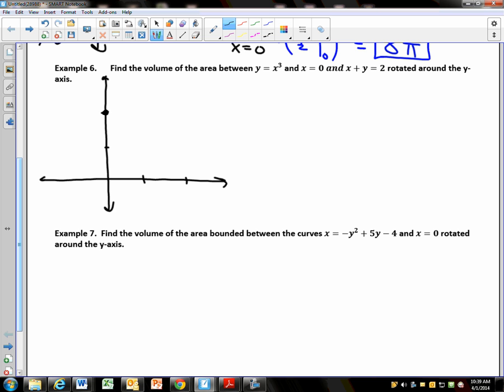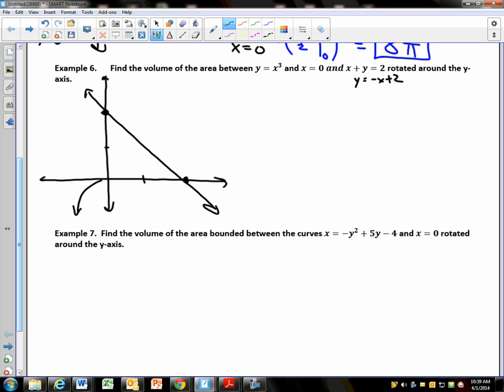So I could graph that line quite easily. If you can't graph using intercepts, you can put it in slope-intercept form, which would be y equals negative x plus 2. And you're going to get this line like that. And then we have this beast, y equals x to the third. We know what that looks like, right?